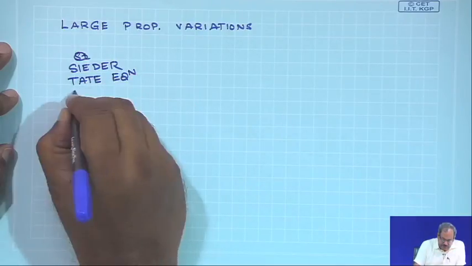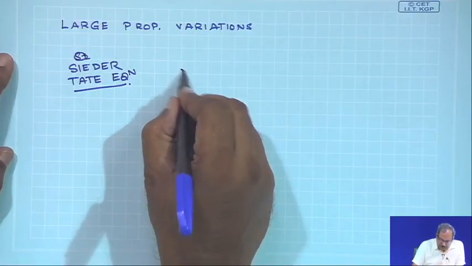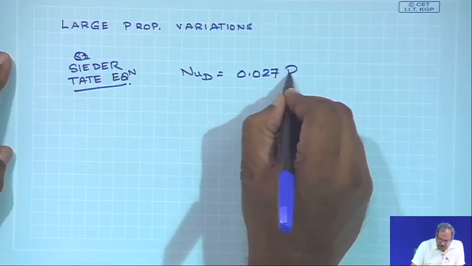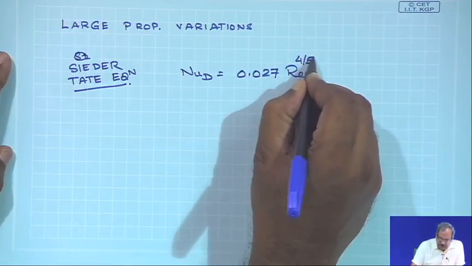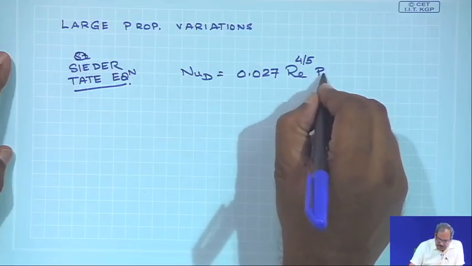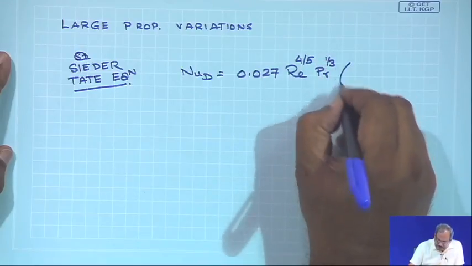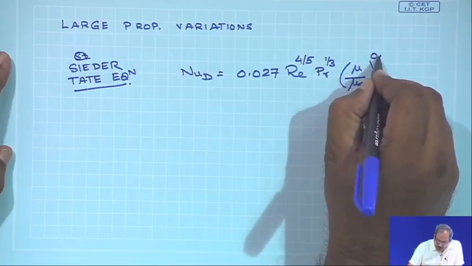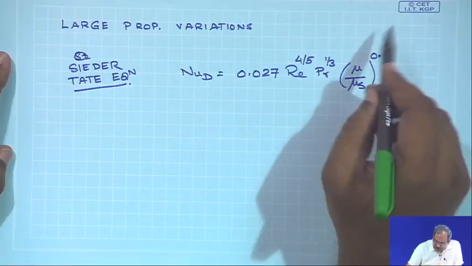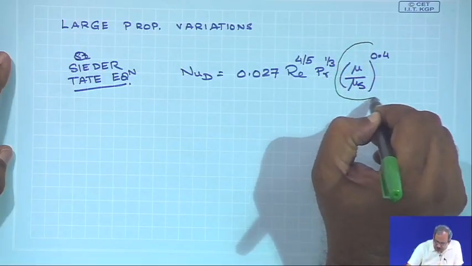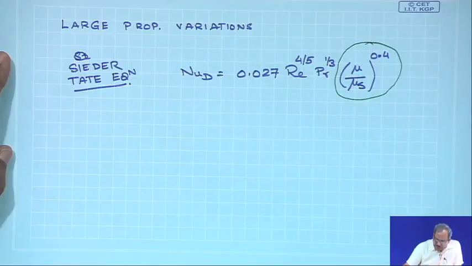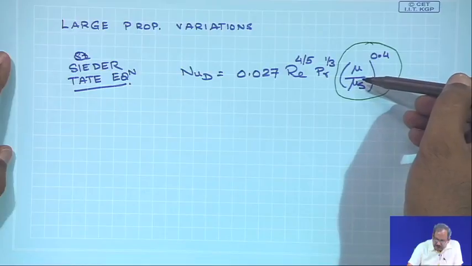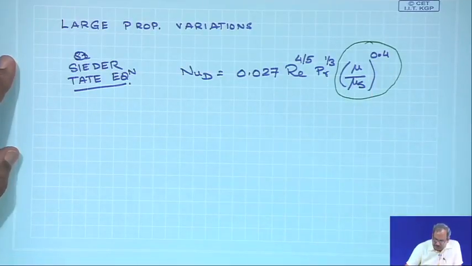And in the Sieder-Tate equation, the Nusselt number based on diameter is 0.027, the Reynolds number, the exponent remains the same, the Prandtl number remains the same, except for a mu by mu s to the power 0.14. This additional term is added so as to take into account the possible significant variation of viscosity when the flow is taking place.